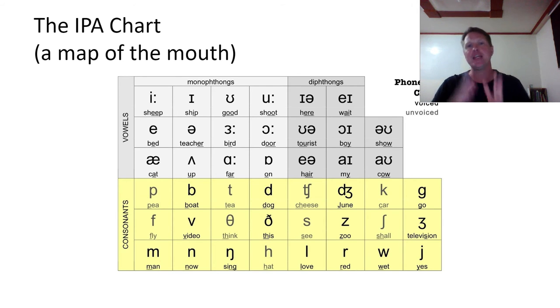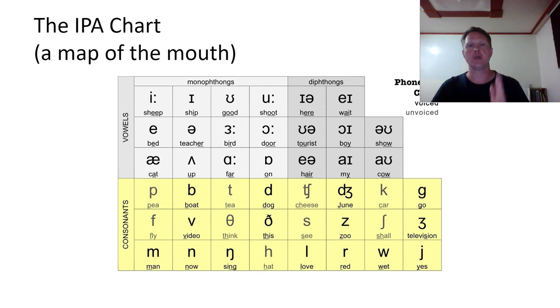and it's the same for the other columns. And then if we look at the diphthongs on the top right, and we look at each column, we'll see that the second sound in each diphthong is the same. So we have ia, ua, ea, the second sound is uh, and then we have ay, oi, and eye, the second sound is i, and then we have oh and ow, the second sound is oo.